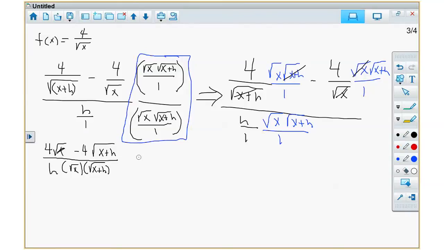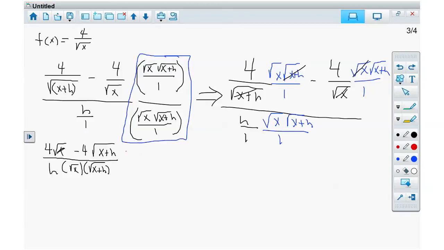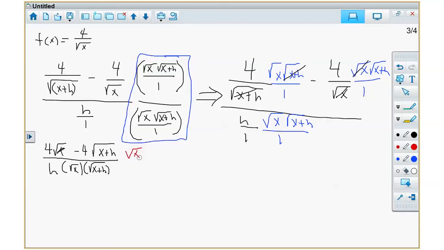So I'm going to do square root of x plus the square root of x plus h over the square root of x plus square root of x plus h.